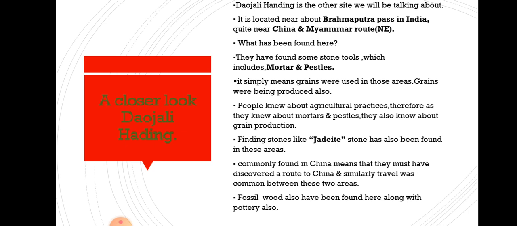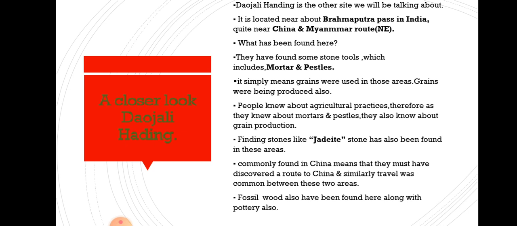Why else would they use a mortar and pestle? To grind the grains at that time. And if they were not growing grains, what is the use of a mortar and pestle? So it is assumed that people must have known agriculture.